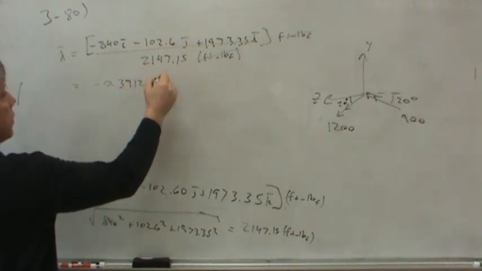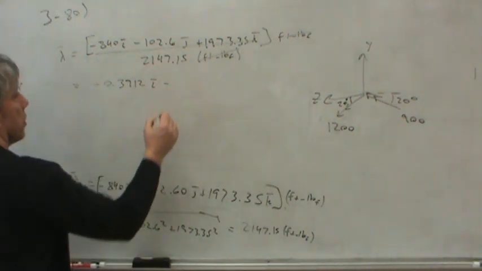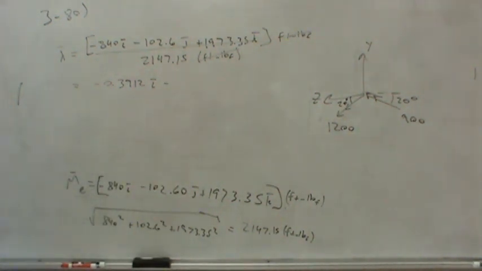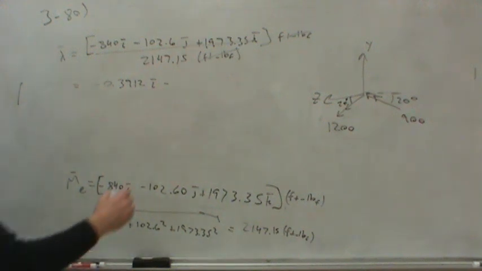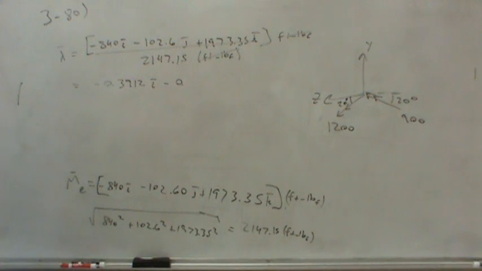That's fine. Okay. How about the J direction? It'll be a lot smaller than that. I got 0.5248. No way. 102.6 divided by 2147.15 is not that. Do 102.6.